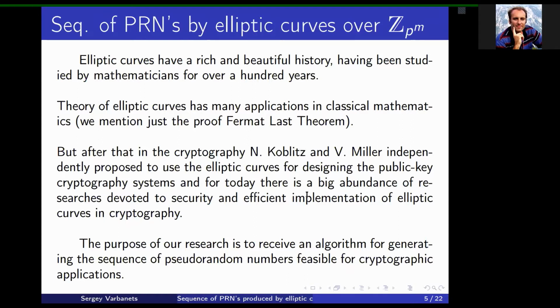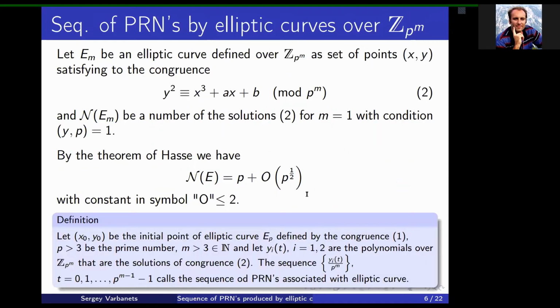So the main purpose of our research is to obtain an algorithm for generating a sequence of pseudorandom numbers feasible for cryptographic applications. So let E_m be the elliptic curve defined over Z_{p^m}, and the set of points (x, y) satisfying the congruence 2.